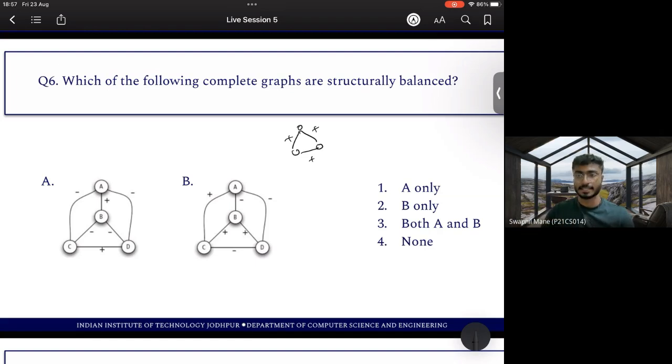Or, if there are two negative edges and one positive edge, then this network is also structurally balanced. In the first case there is no problem because all the users are friends with each other and they sustain each other for a long time.